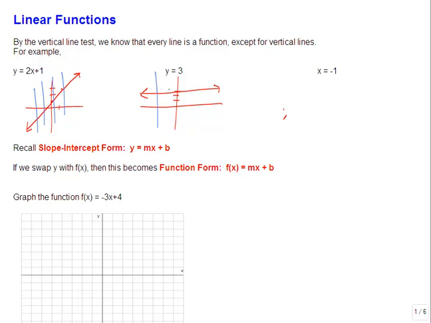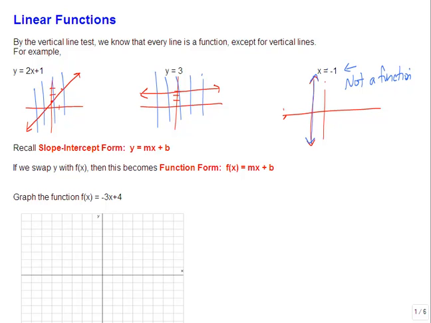That also is going to pass the vertical line test. However, if we have an equation of the form x equals a number, that's a vertical line, so x equals -1 would be a vertical line like this, and obviously that's going to fail the vertical line test when you look at the vertical line right through -1. So this is the only one that is not a function.